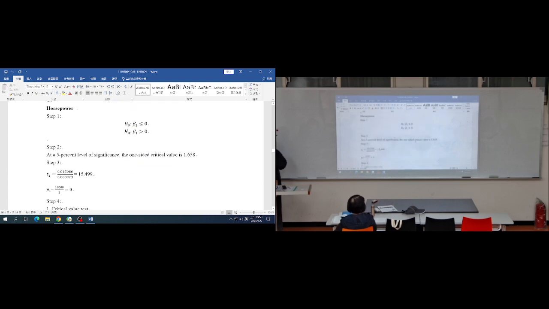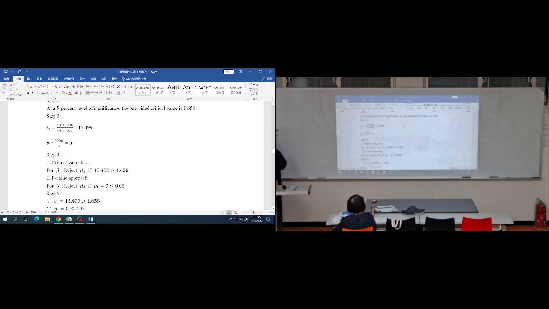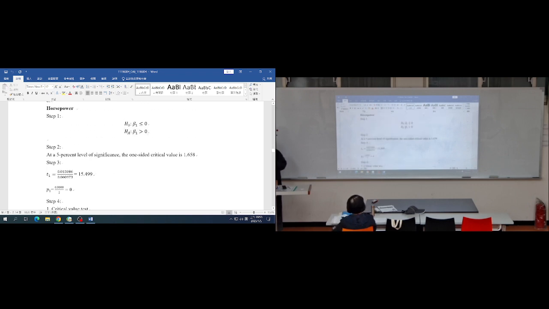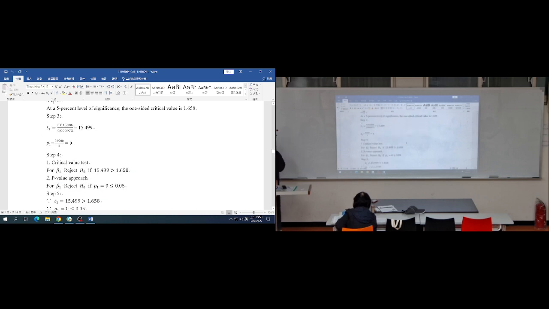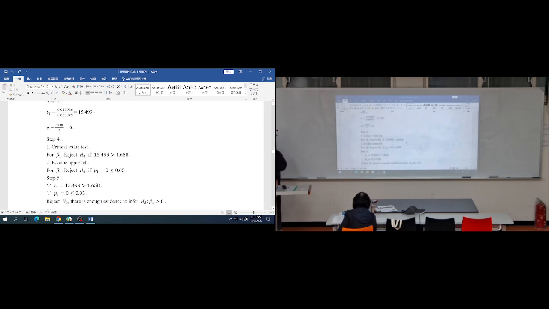Just say something about this. According to the diagram, I refer to the textbook. Let me ask you this. For step 3, before any questions, we have a paragraph, right?